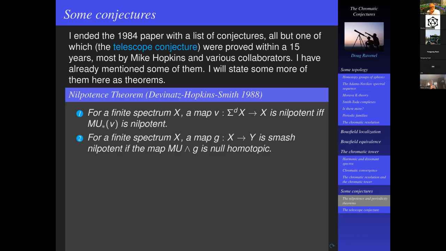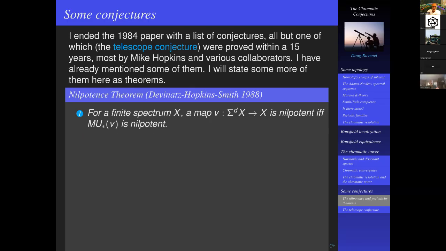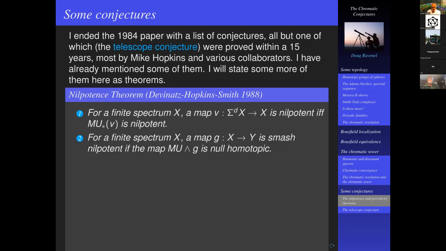Okay, so we can talk about the nilpotence of a map from a gadget to itself, or we could talk about the smash nilpotence of a map from X to Y. So remember what that meant. A map is smash nilpotent if you take some smash power of everything in sight. If the k-fold smash product of the map is null for some k, then we say that the map is smash nilpotent.